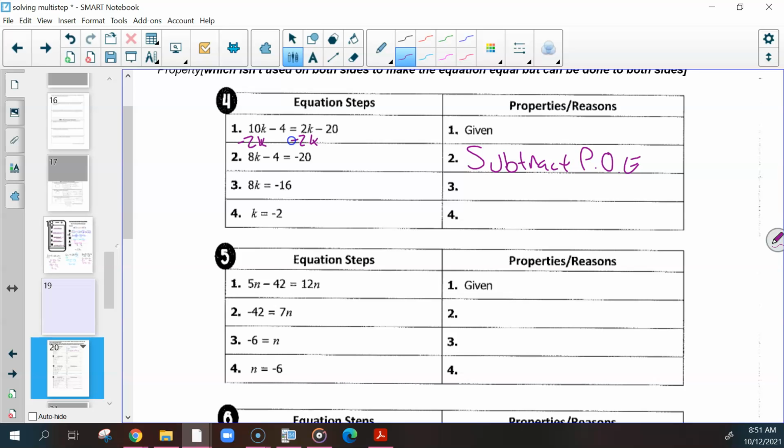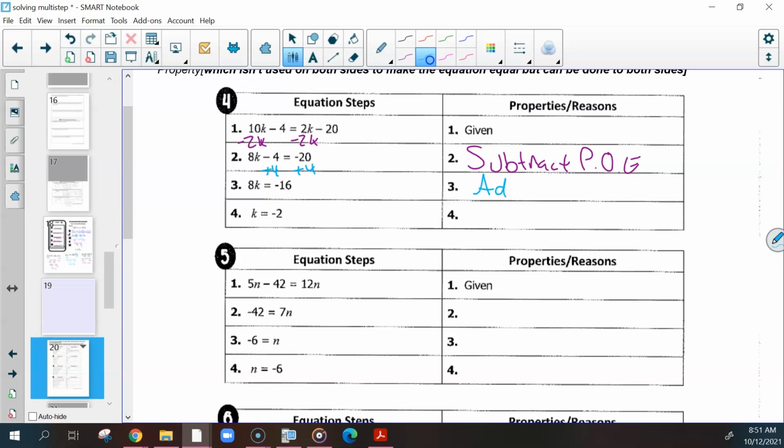And then from step 2 to step 3, they subtracted what? I'm sorry, what number did they subtract? Oh, sorry. 4. I'm sorry, they would add 4. There you go.